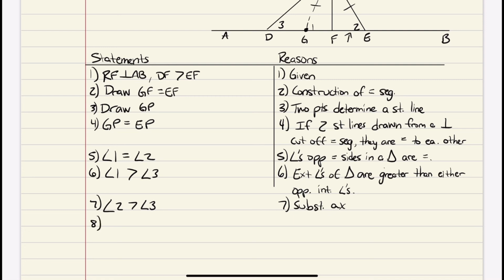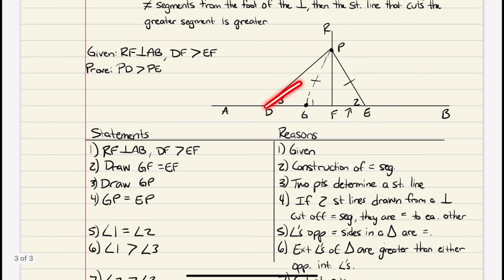All right, and then lastly, we could finally say that PD is greater than PE. And why? Well, now we can look at the macro, the big triangle, and if this angle is bigger than this angle, they're both angles in the big triangle, and we've learned theorems and corollaries again for this principle. In a triangle, sides that are opposite greater angles are greater than sides that are opposite smaller angles. So if this is bigger than that, then the side opposite of angle 2 is greater than the side opposite of angle 3.